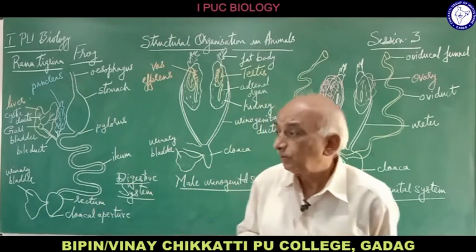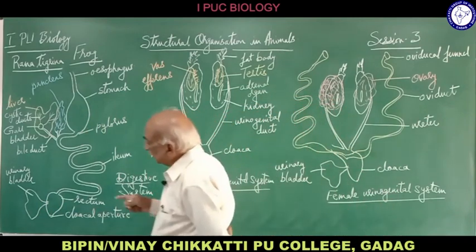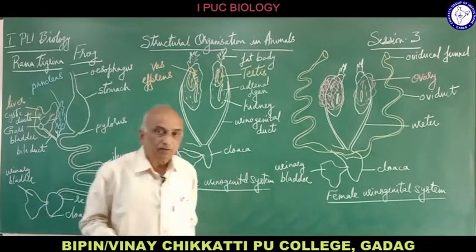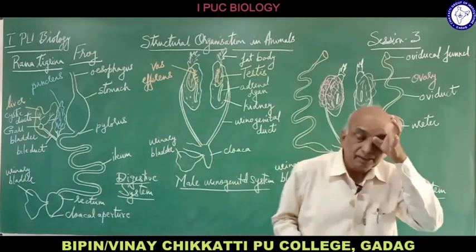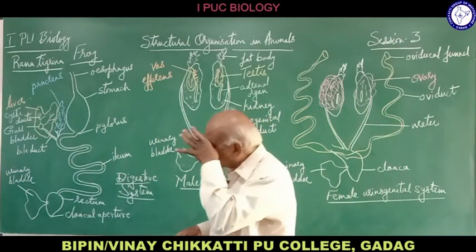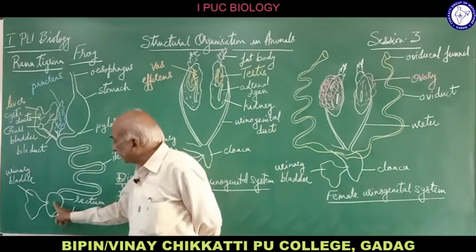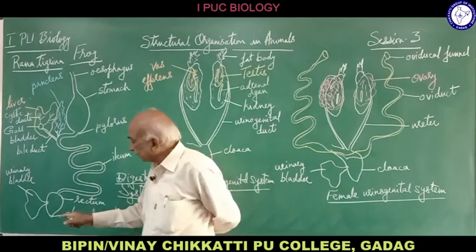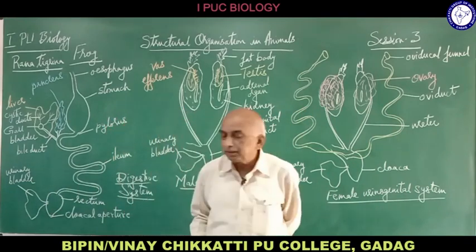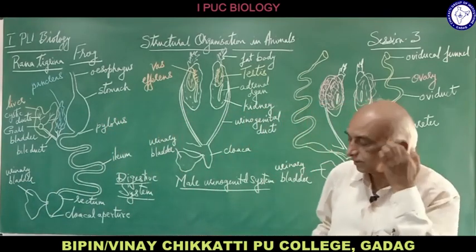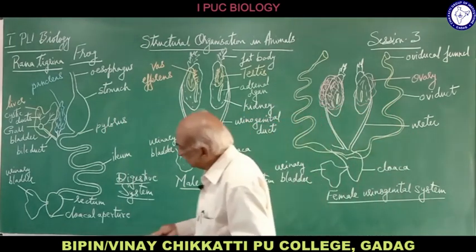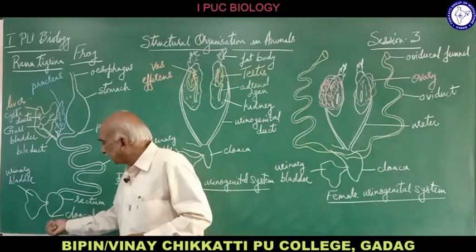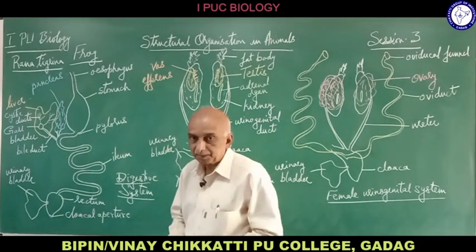But here, the opening of the urinary bladder and the opening of the ureters all take place in this chamber called the cloacal chamber, and that is why this is a common aperture for the movement of the products of the reproductive system, the undigested food material, and also the urine which is produced by the kidneys.